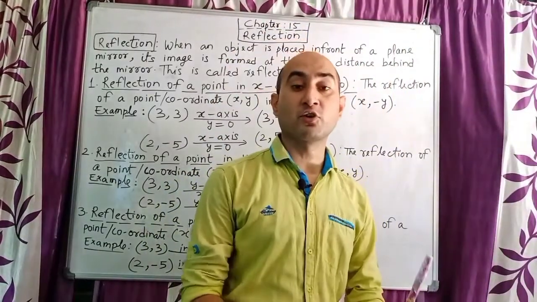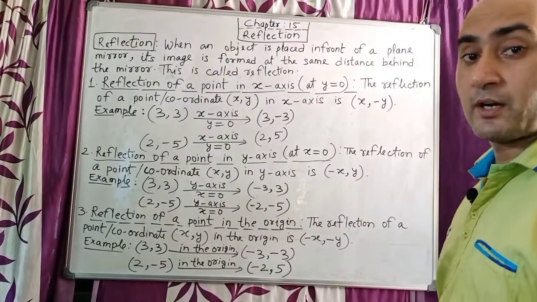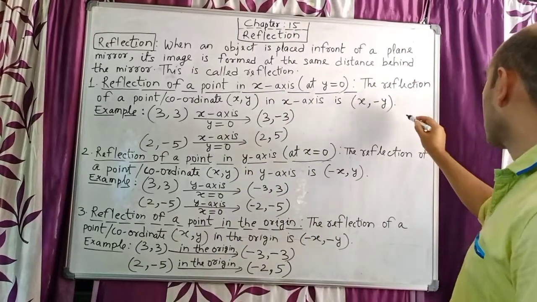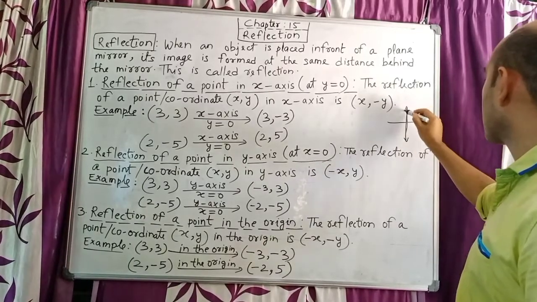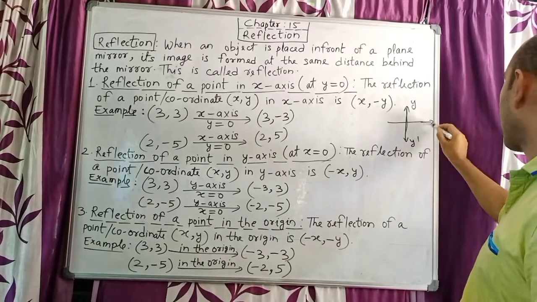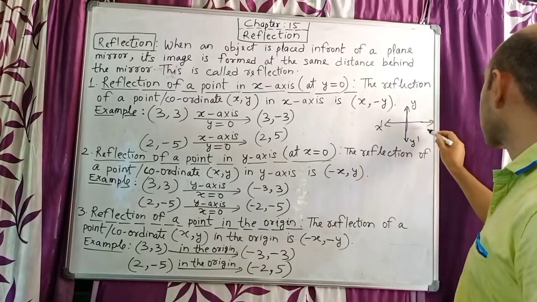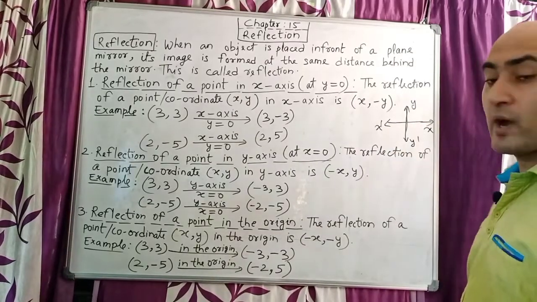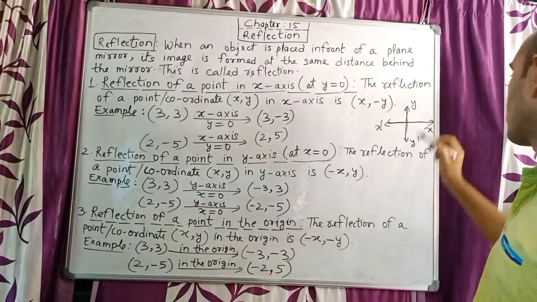That's why it is also called x-axis or y equal to 0. Let me explain with a diagram. Suppose in coordinate geometry this is y dash, this is the y-axis and this is x dash x.